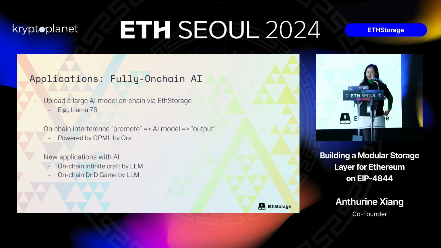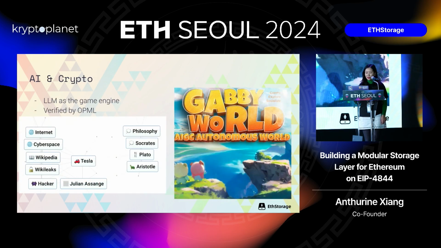Fully on-chain AI: we can upload large AI models on chain via ETHStorage, for example 7 gigabytes or even more. There are some new applications with AI, for example on-chain Infinity Craft by LLM and an on-chain D&D game. We would like to see more possibilities for AI apps. Because of the combination with ETHStorage, this kind of new app is now possible.